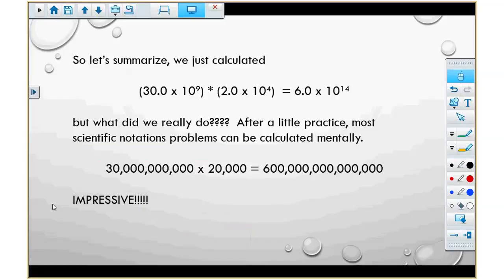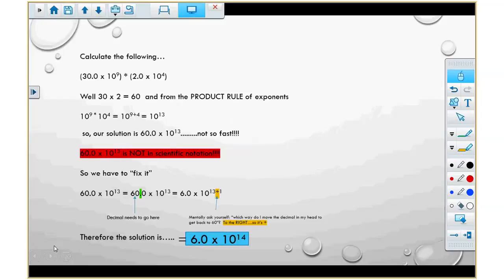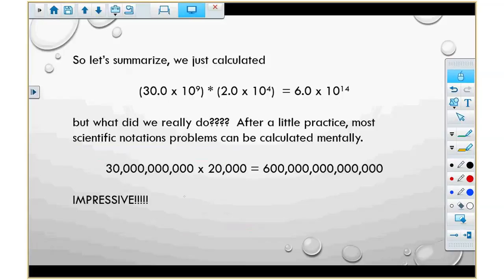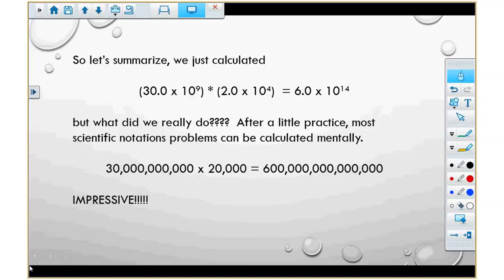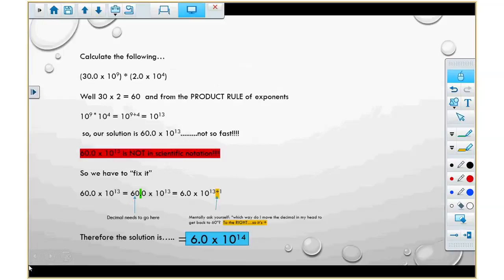So I move it, and I get 6.0 times 10 to the 13th blank 1. That's supposed to be a blank. Okay? And I mentally ask myself, which way do I move this decimal to get it back to looking like this?